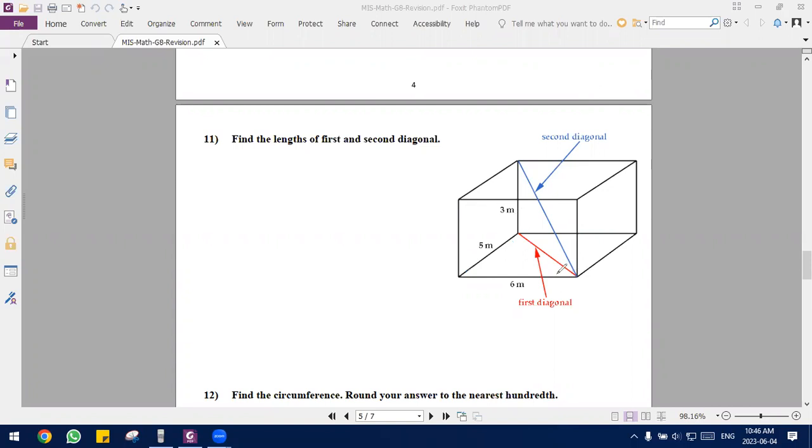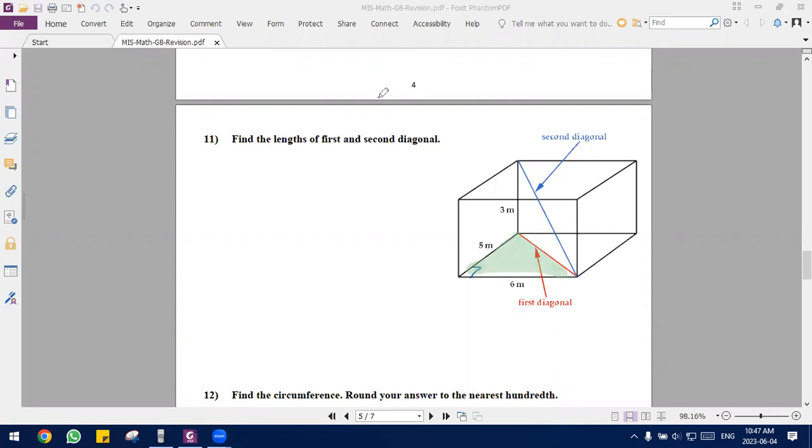Now to find the red line, the first diagonal, let me take that triangle, and here there's a right angle. Let me use this triangle, 5, 6, and that diagonal, the red one. Let me color it. Okay, so now I'm using this triangle.